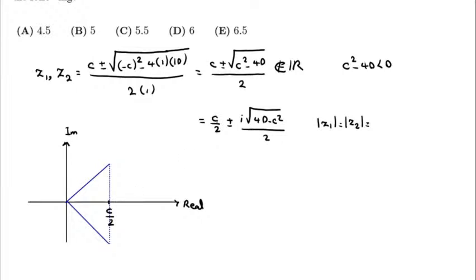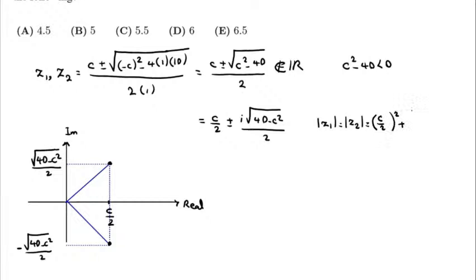And c over 2 is the real part, but one of them is the square root of 40 minus c squared over 2. So if I use the dotted line, this one will be root of 40 minus c squared over 2. And this part will be negative root of 40 minus c squared, all over 2. So we have these two things. Now, the length is what? You use the Pythagorean theorem.